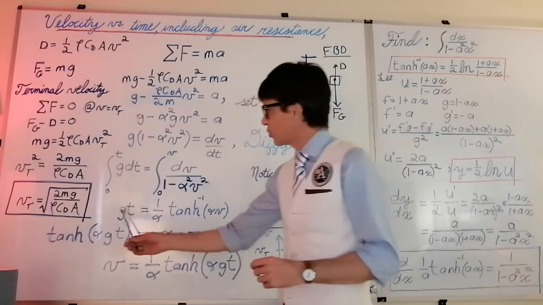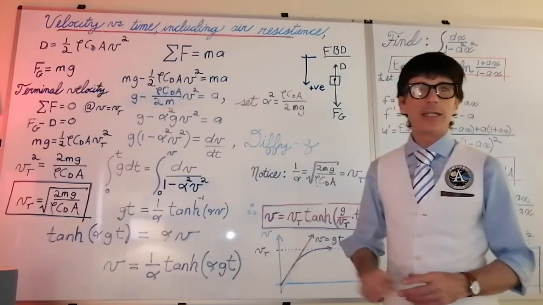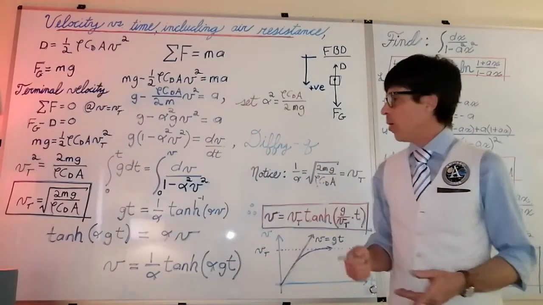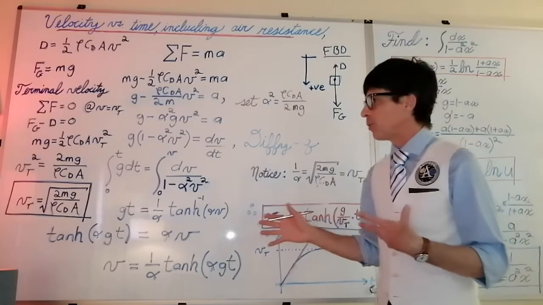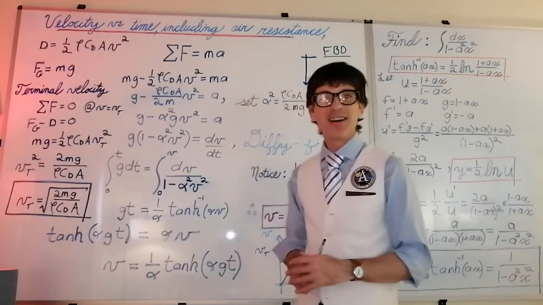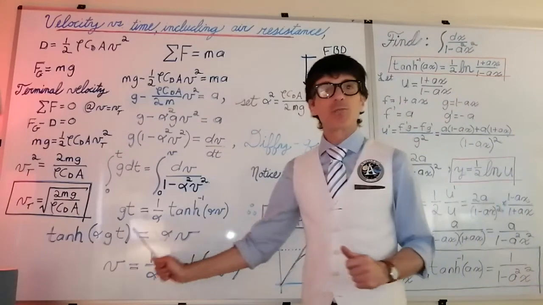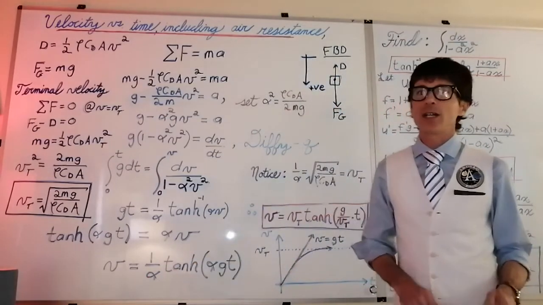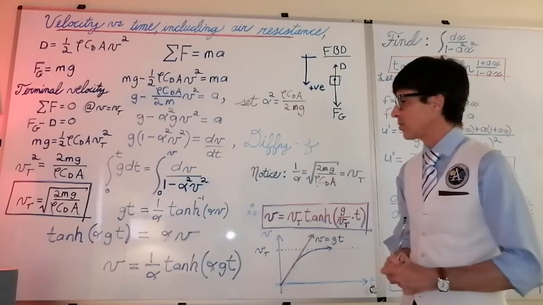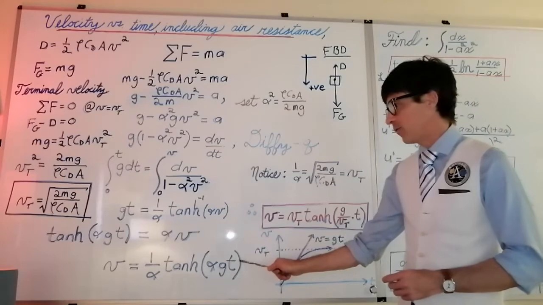So now I have an equation involving t and speed. I'll have to solve for speed, but I do that easily by taking the tanh of both sides and dividing by alpha, and I finally have an equation for the speed of a falling object, including air resistance, in terms of time, but it involves alpha.